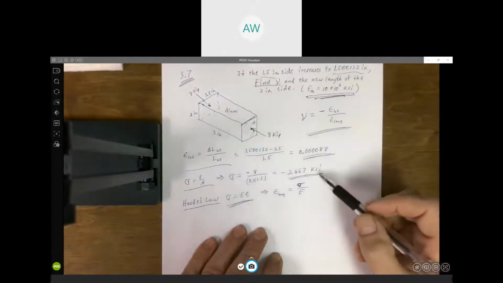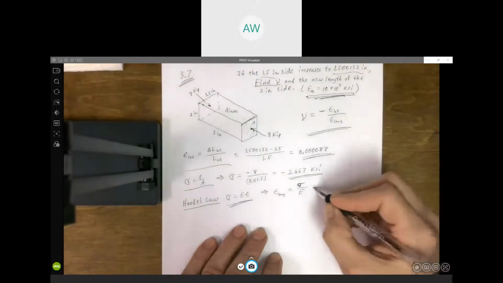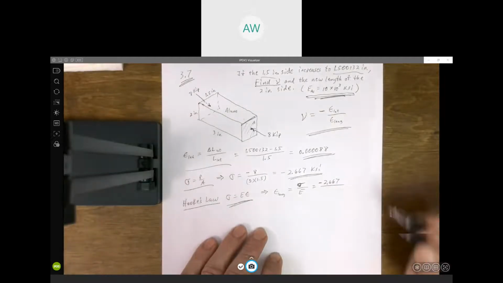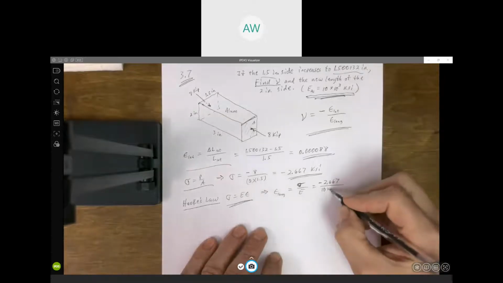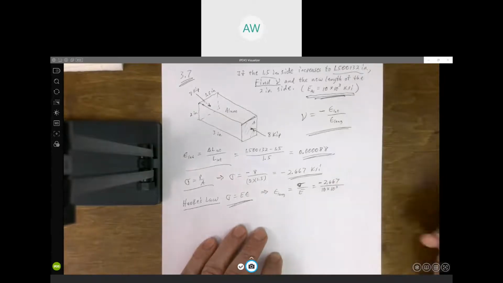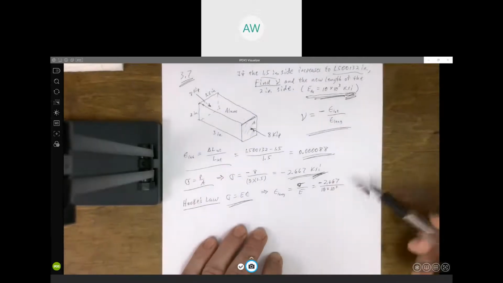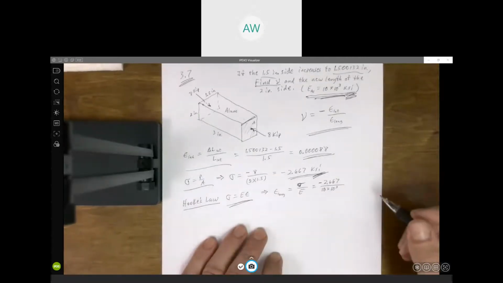So we got -2.667 KSI as my stress. E was 10 times 10 to the third KSI. And notice both of these are KSI. So as long as they're both the same, it doesn't matter if they're KSI or PSI. And let's see, where did I calculate that?